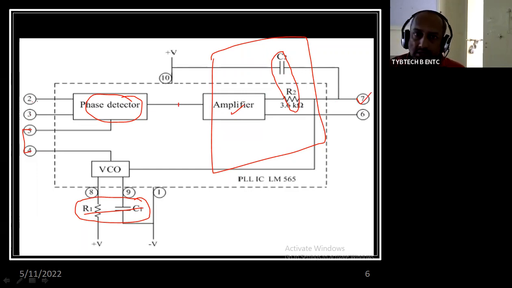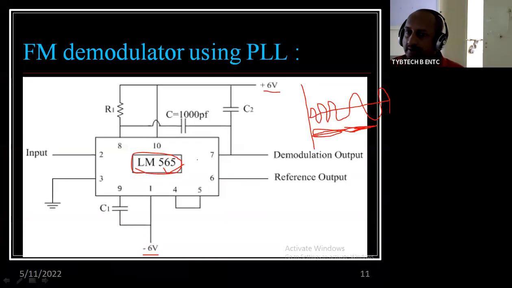Here you can see two inputs for the phase detector. If you now compare with the diagram we have drawn, the FM input is given at pin number 2.